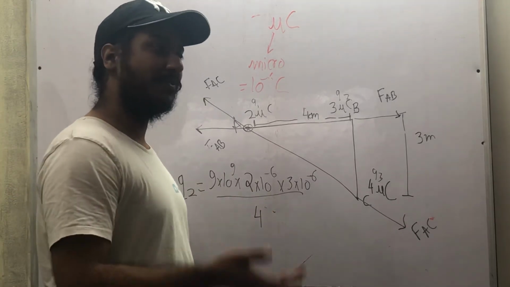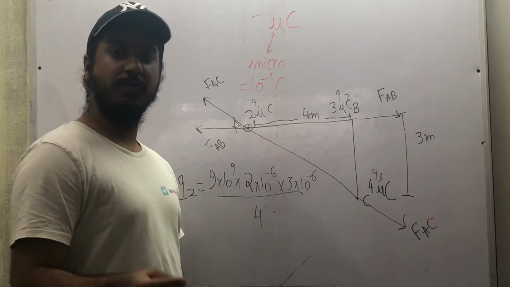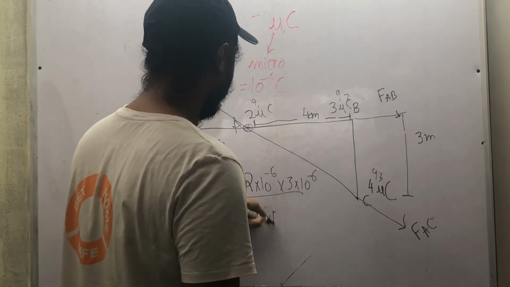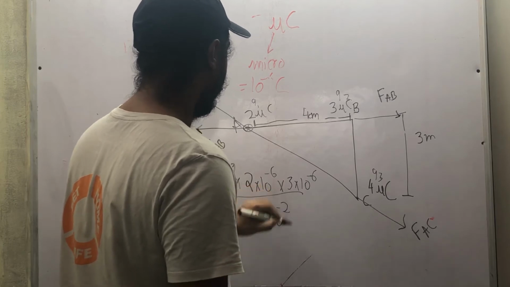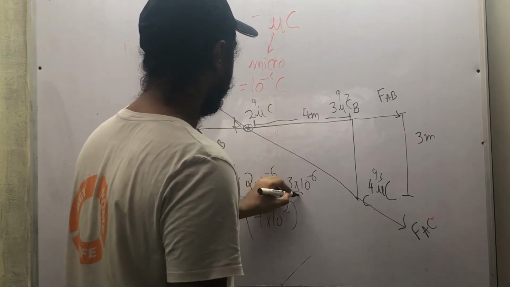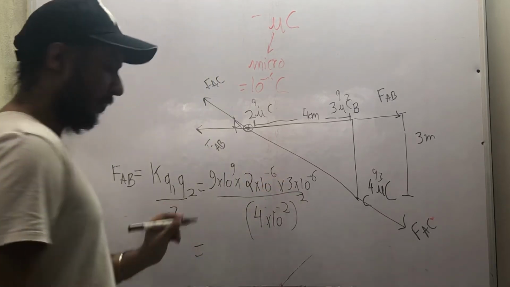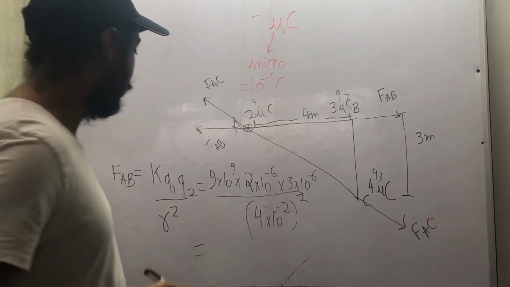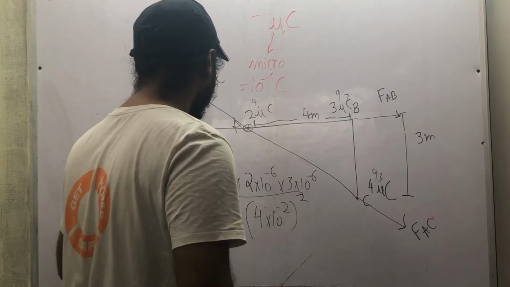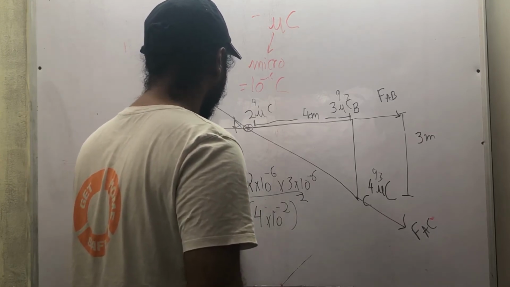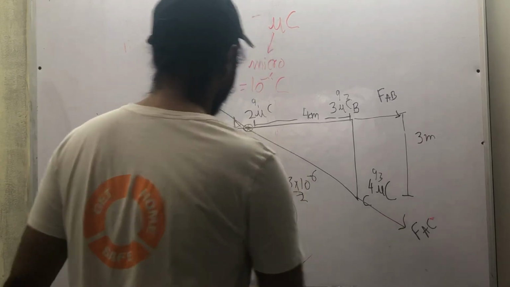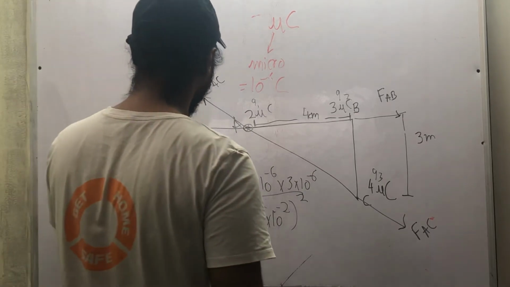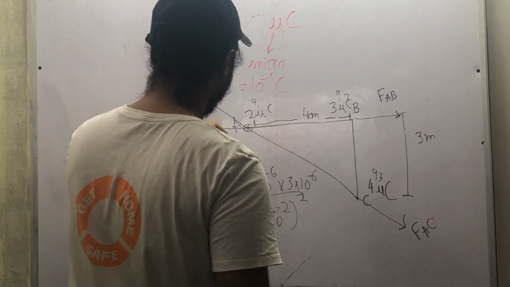If it is mm or centimeter, you have to always convert to meter. So here it will be 4 into 10 raised to the power minus 2 whole square. Upon solving, you can try this at your home, it comes out to be 33.7 Newton. So you will write this value for now. FAB comes out to be 33.7 Newton.